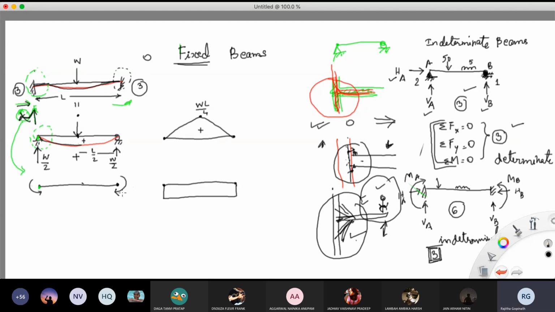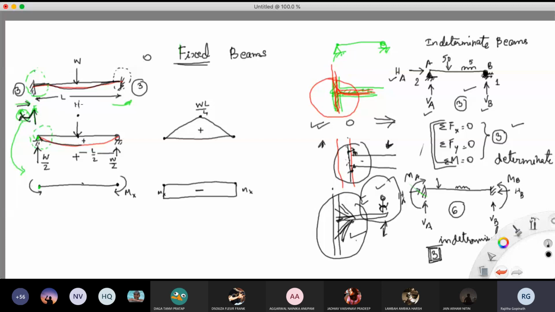Okay, so let's say this total moment is mx. So then this is going to be mx, and this is also going to be mx. And this is negative, so this is going to be negative here, right? This is below the line, it's negative bending moment.